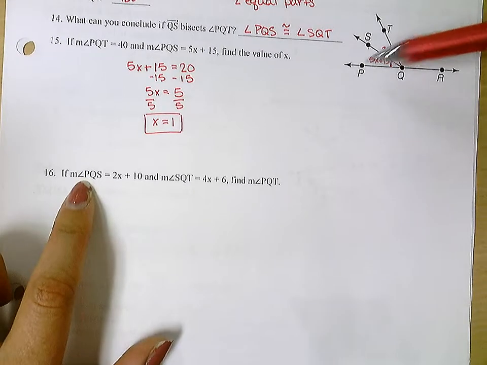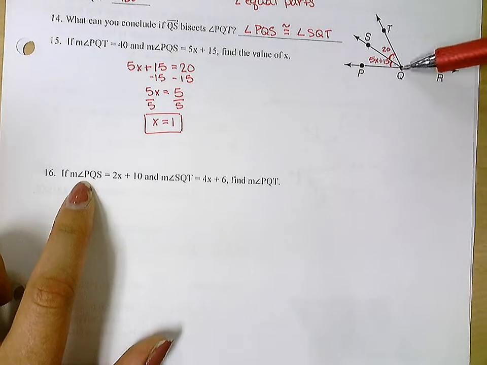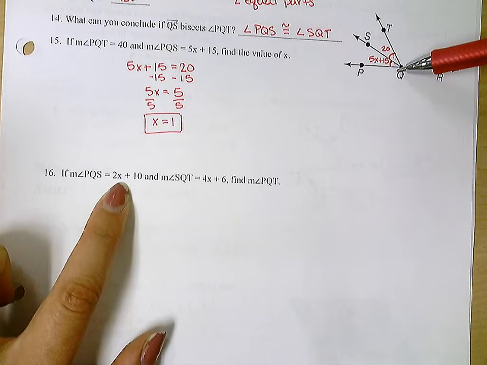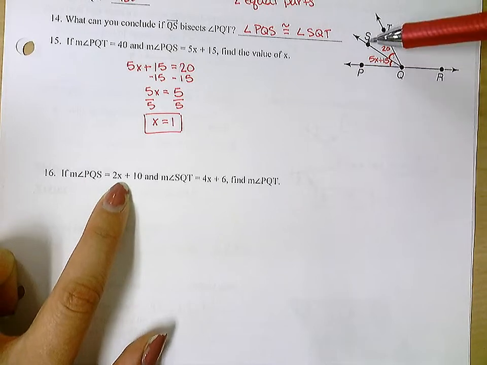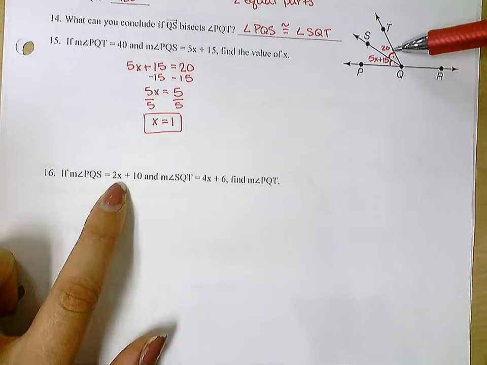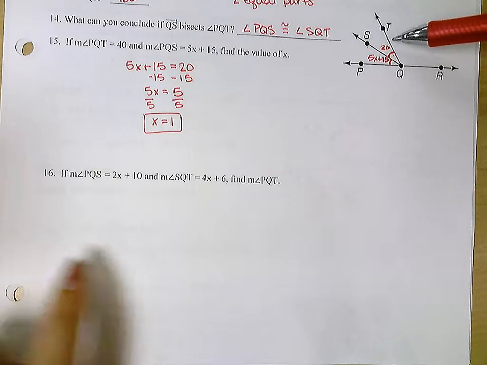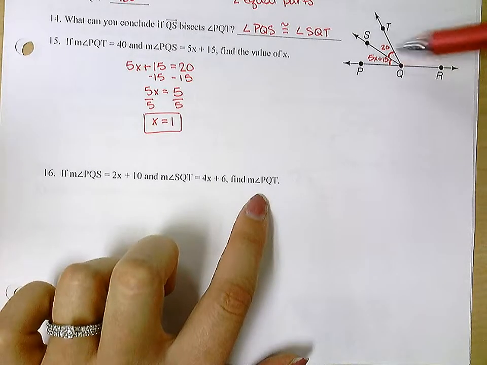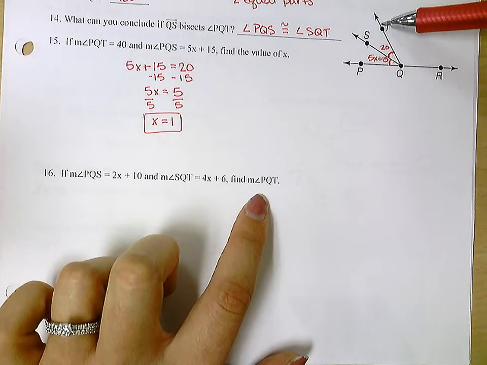So angle PQS again, so the smaller one right here, is 2x plus 10. And SQT is 4x plus 6. Okay, and we want to find PQT, so the entire angle.